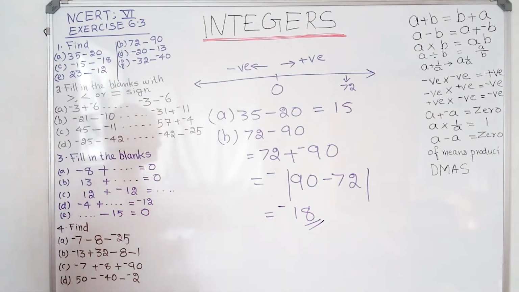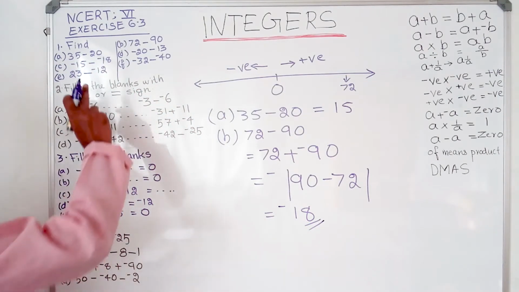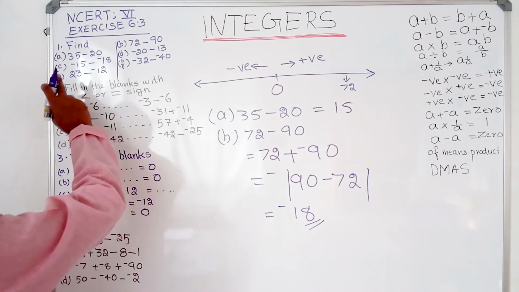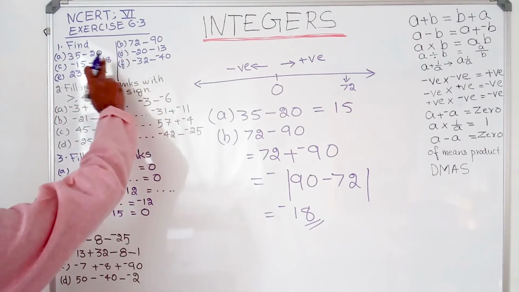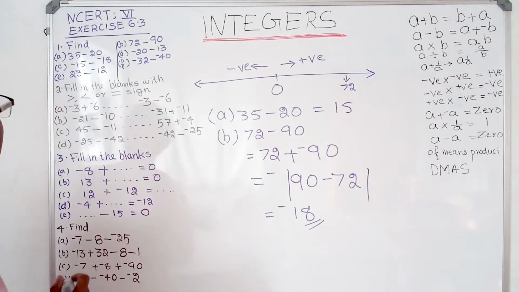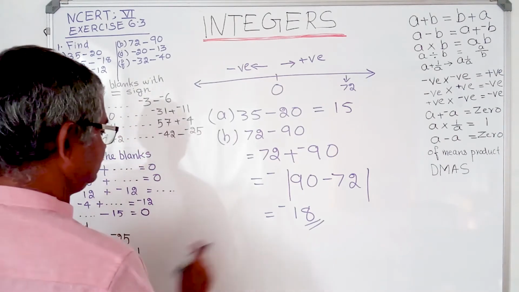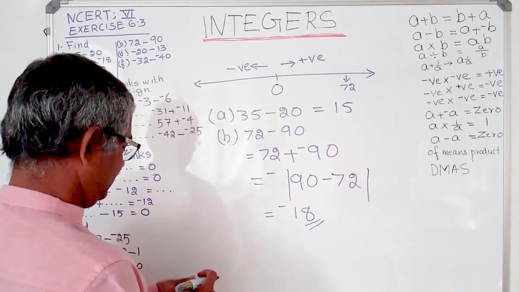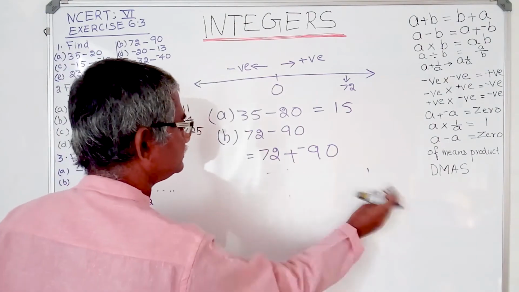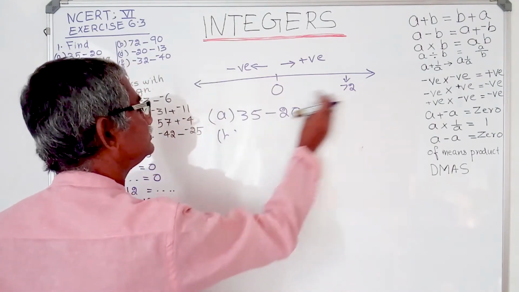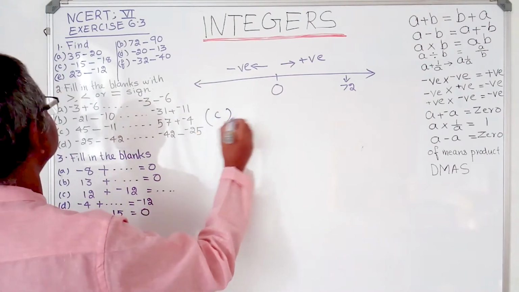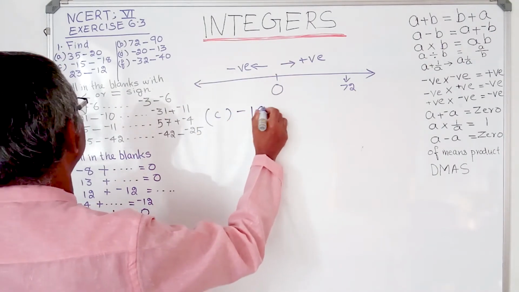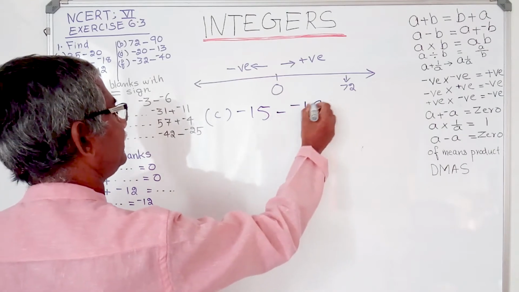Can you follow it? I hope so. Next one, C. Negative 15 minus negative 18.